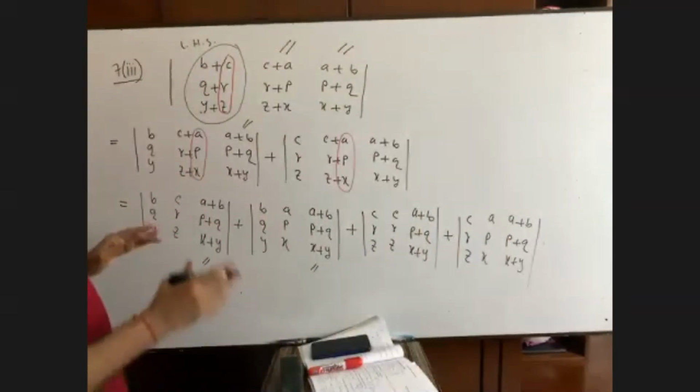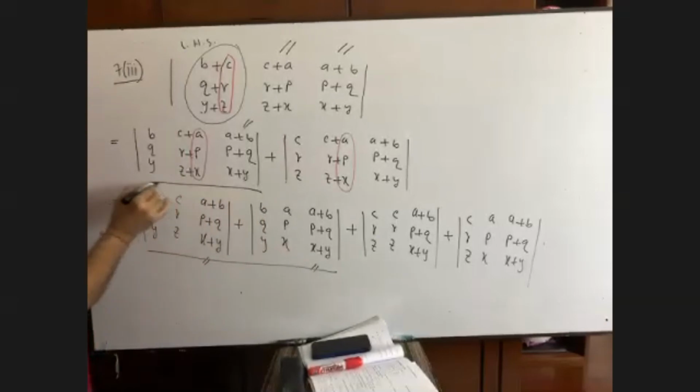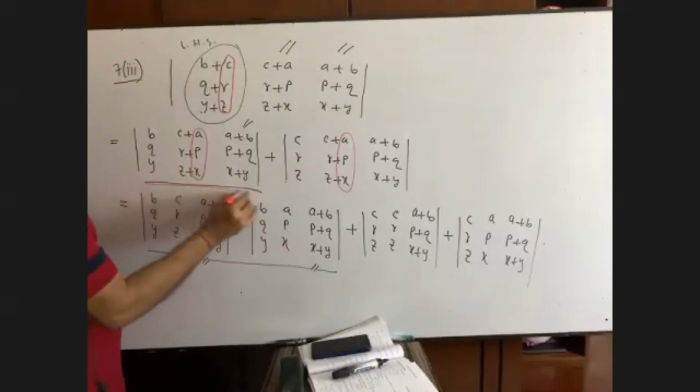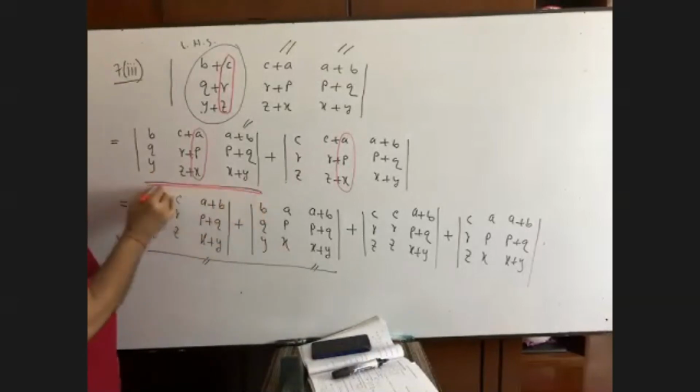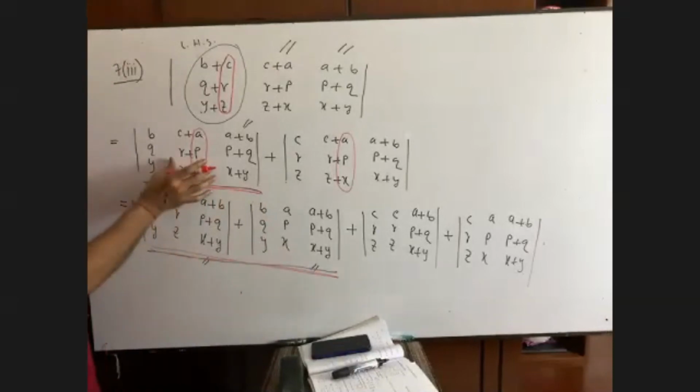You see, this is for this part. Are you getting me? This part is equal to these two parts, where this has been separated.